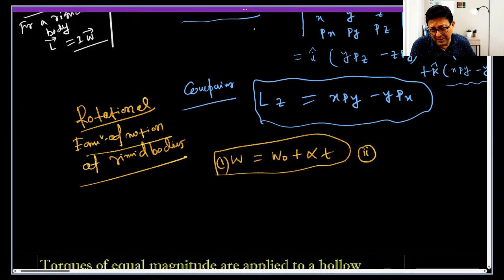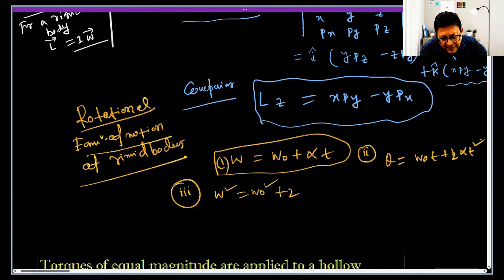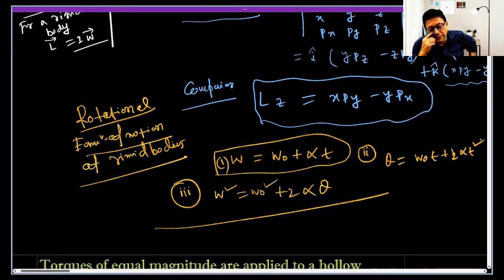Then the second one, like s equal to ut plus half at square, here theta equal to omega 0 t plus half alpha t square. That is number 2. And the third one is omega square equal to omega 0 square plus 2 alpha theta. Understood? These three are enough.